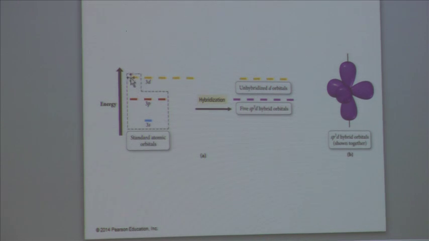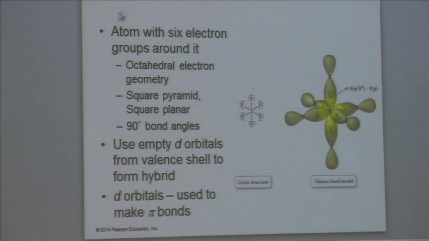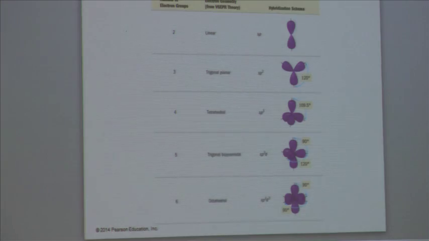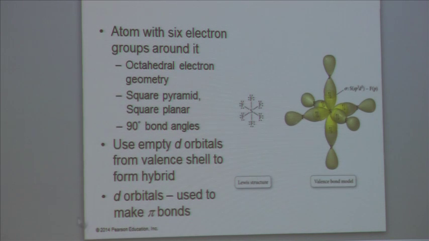Here's the d orbital with the 3 p's to form the dsp3 hybridized orbital. To form the d2sp3 orbital, we take 2 d's, an s and 3 p's to form the d2sp3 orbital.